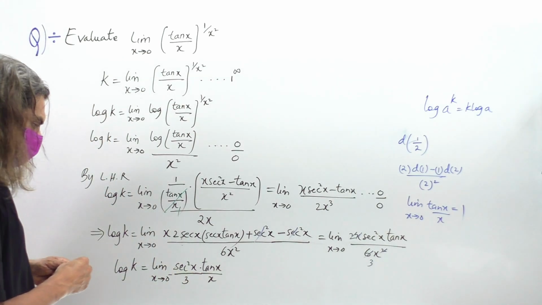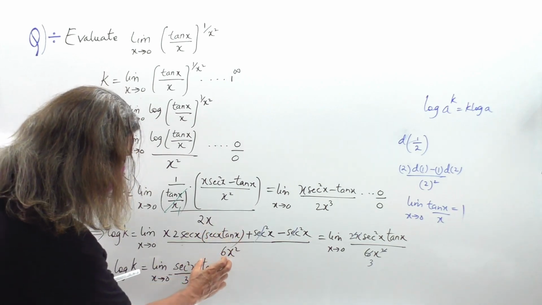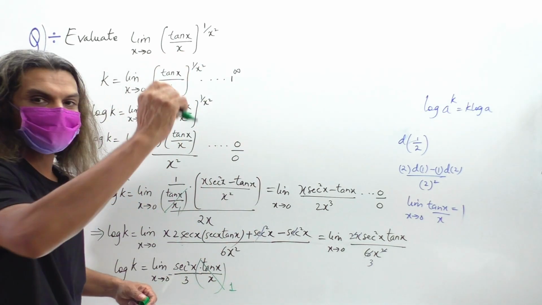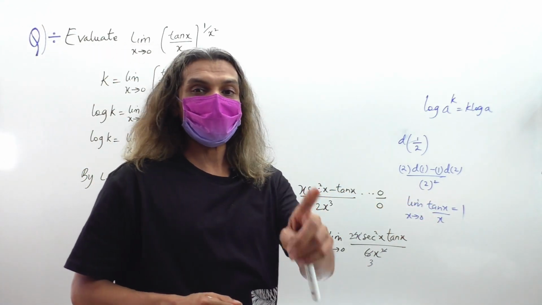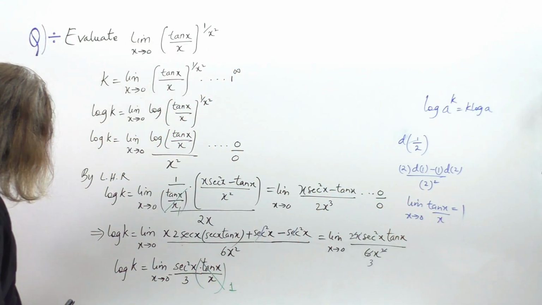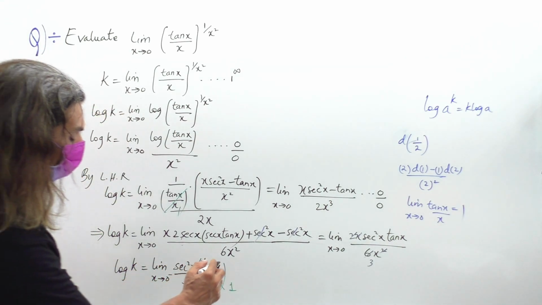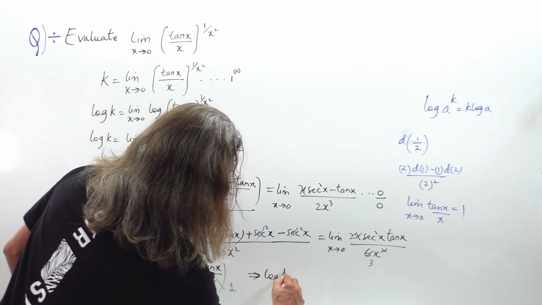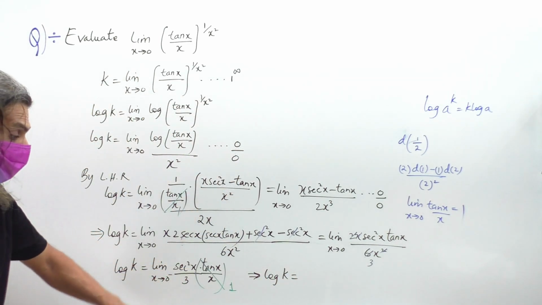Now, as you know, this factor, tan x by x as x tends to 0, the limit is always 1. Done. Now put the limit again. That implies log of k is equal to, in place of x put 0, secant 0.